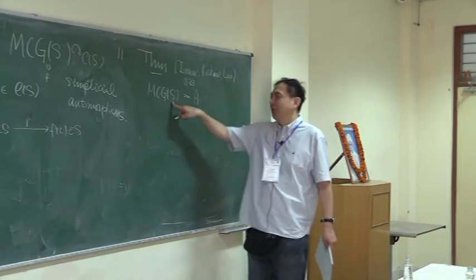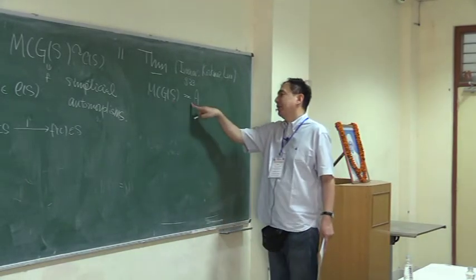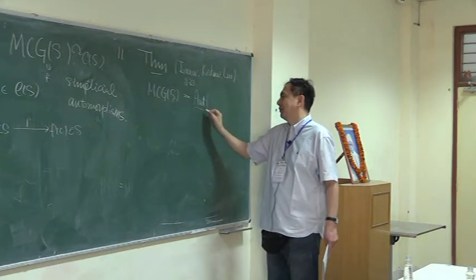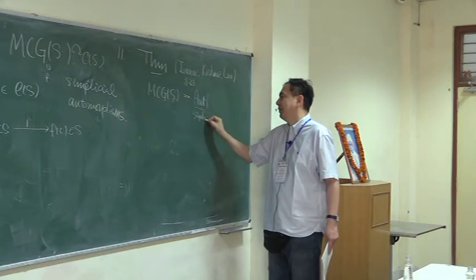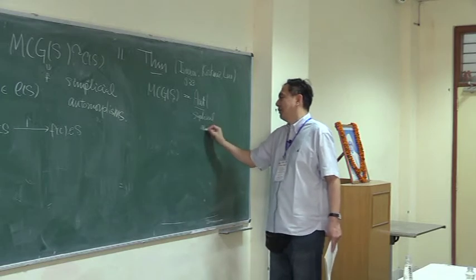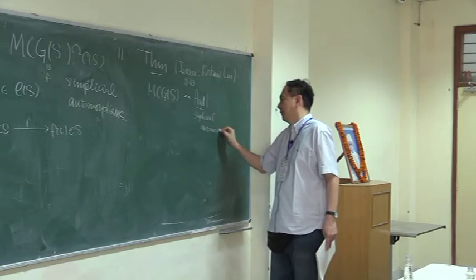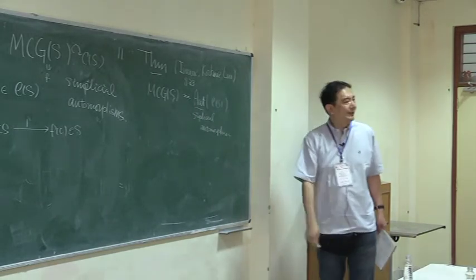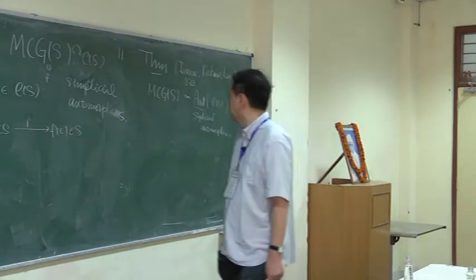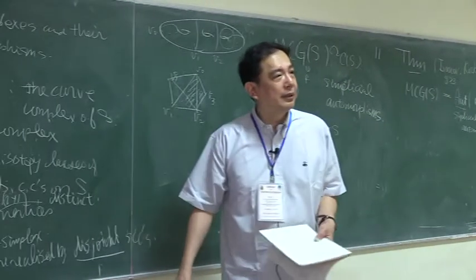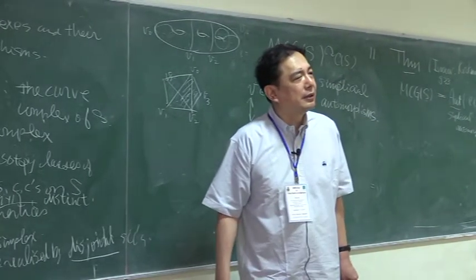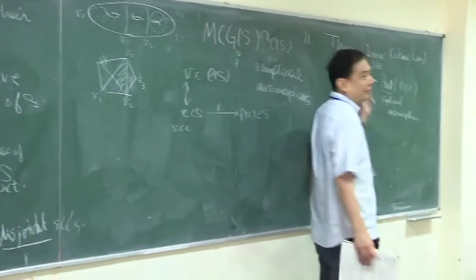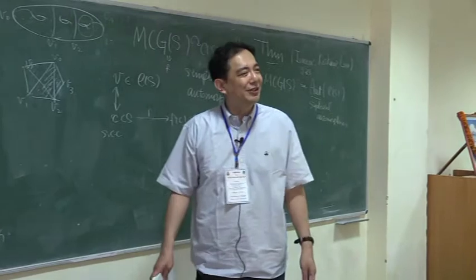Then the mapping class group of S is equal to the group of simplicial automorphisms of the curve complex of S. Our definition of mapping class group contains the orientation reversing ones.